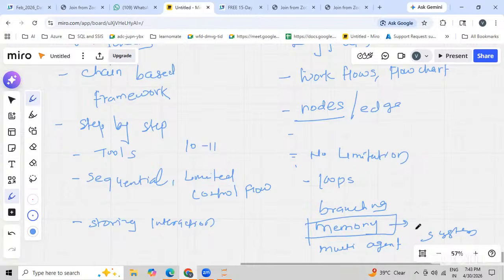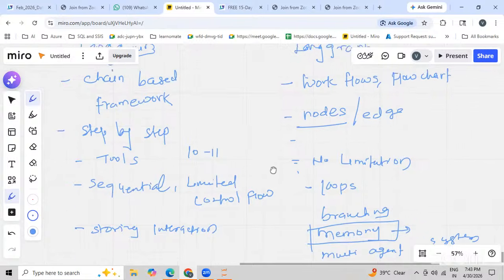They can store the interactions also. If you provide multiple prompts and want to take a reference to your first prompt, they can take it. So LangGraph is solving your memory issue. This is something of a comparative study.